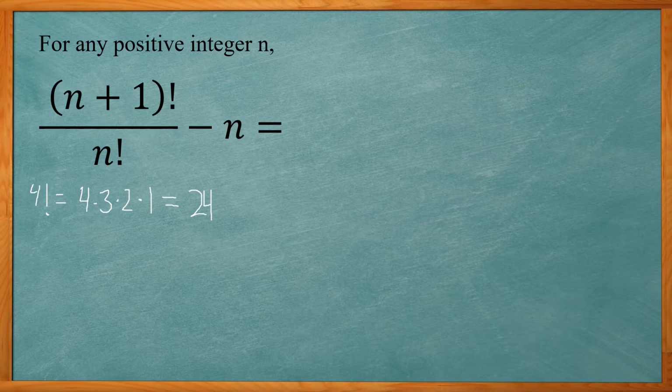Okay. Now if I have n plus 1 factorial, that'll be n plus 1 times n, so I'm basically subtracting 1 each time, times n minus 1 times n minus 2, and all the way down the line until you get to 1. Okay, so we got n factorial on the bottom.